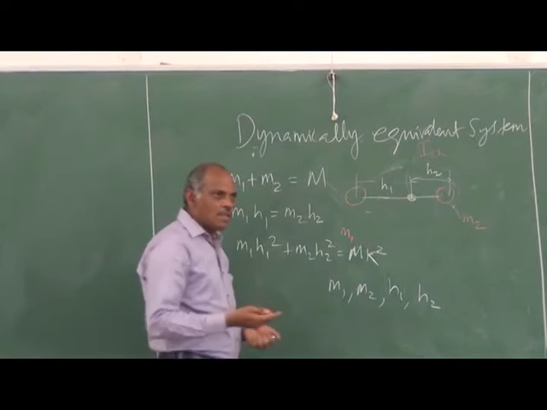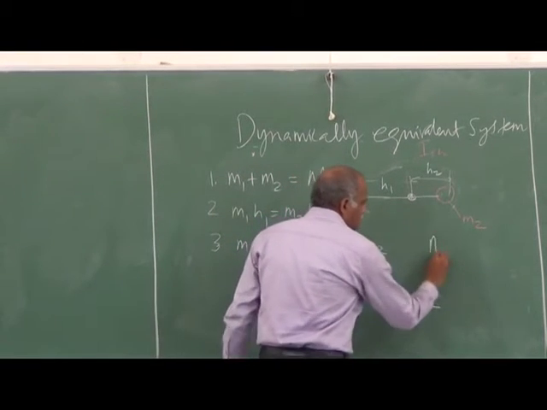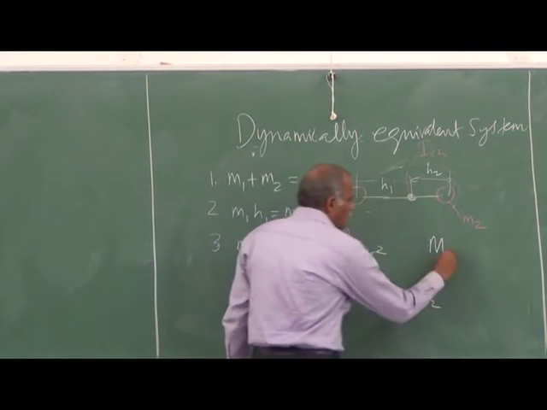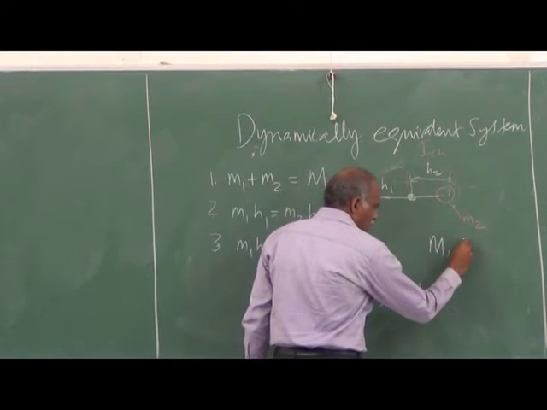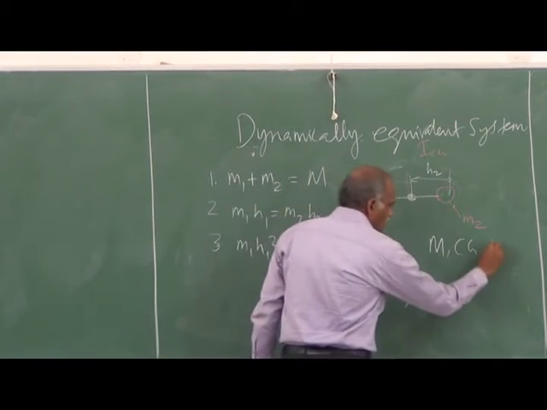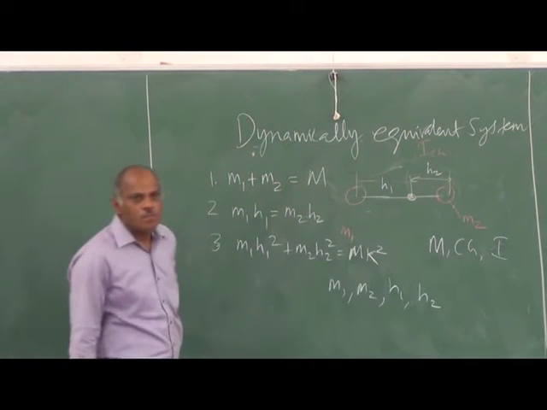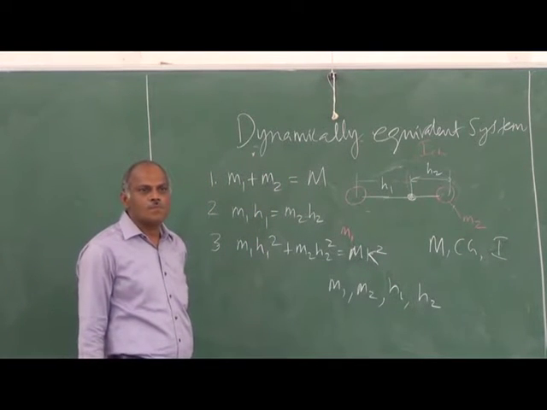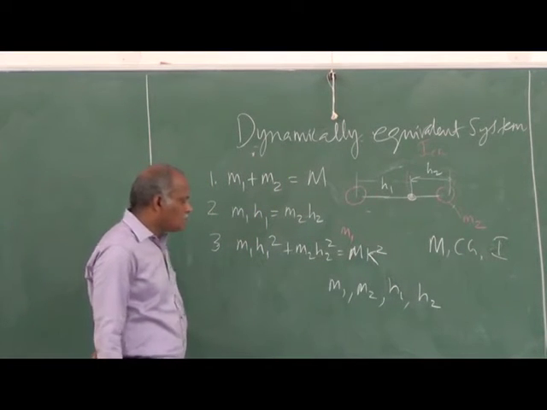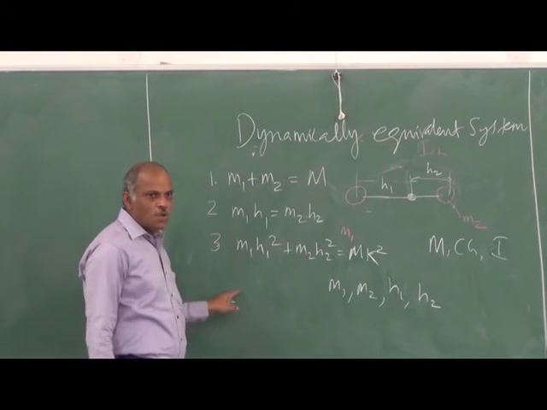What are the known things? The mass of the rigid body is known, its center of gravity position is known, its moment of inertia I is known. So you have four unknowns and you have three equations.